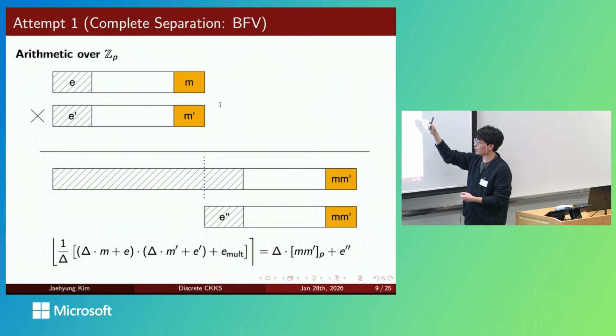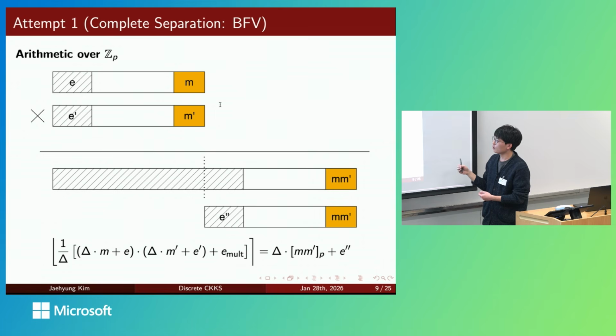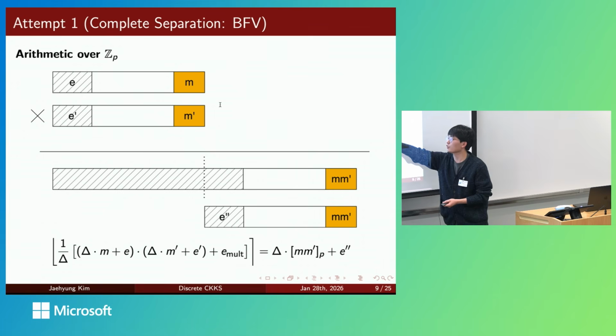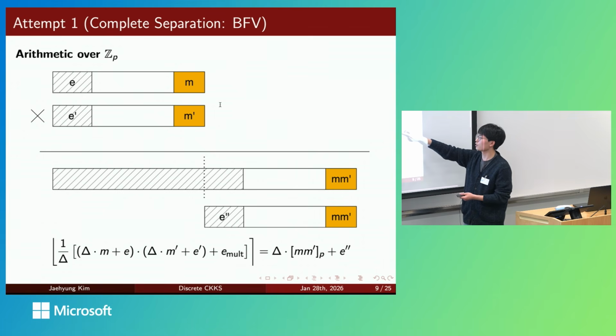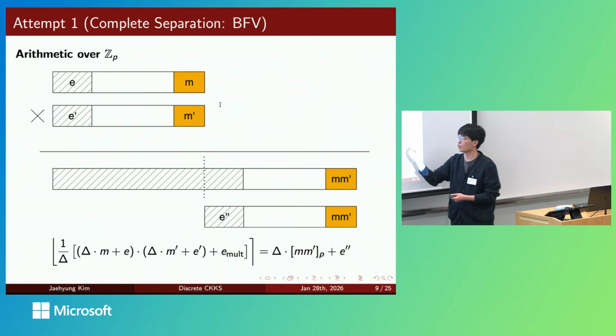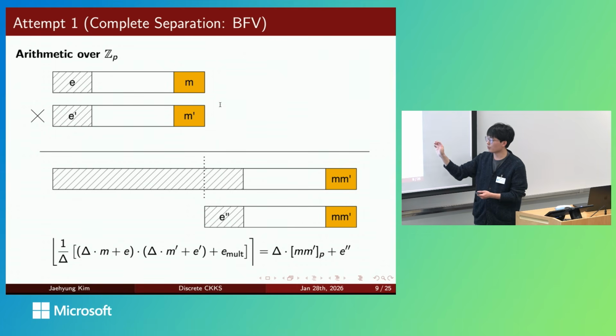And if you multiply these, then you still get these huge errors, but the product message is now located in your MSB, and so you still have some separation between message and error.